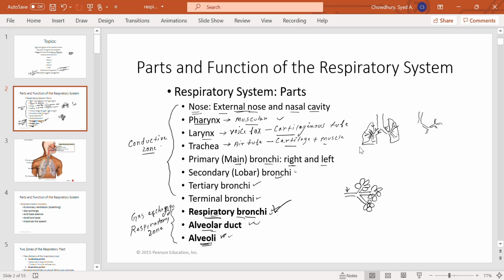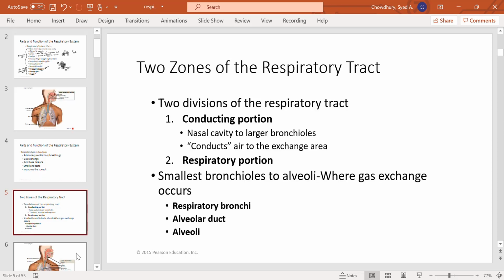Okay, so respiratory bronchiole, alveolar duct, and these are alveoli, and this is a sac, alveolar sac. So inside the sac you have many alveoli. This is another alveolar sac. This is another alveolar sac. Make sense? Okay. So two zones I have already explained.